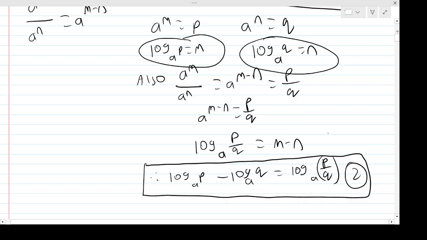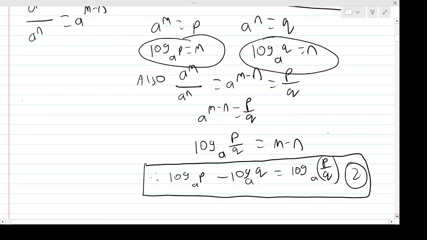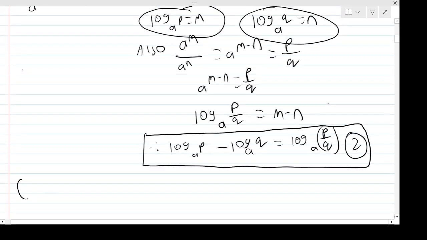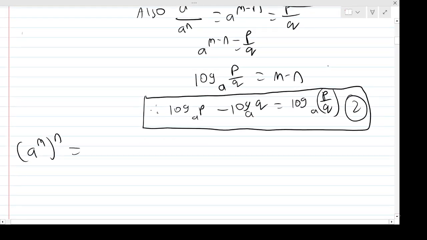My third one is based on the third power law, this power law here. I'm going to remind you, it's a to the m to the power of n, and again, we can multiply the powers. So that's my power law.